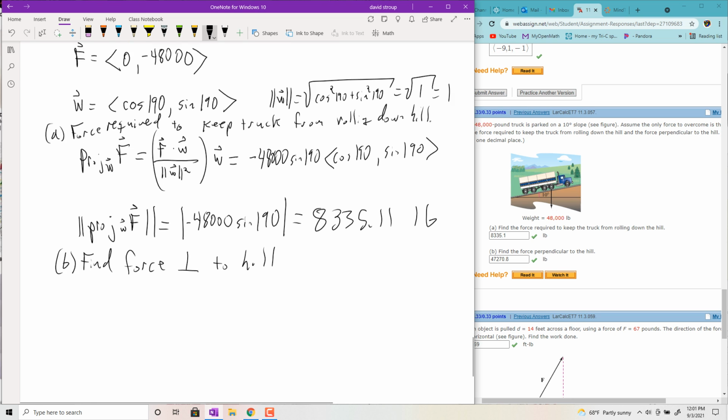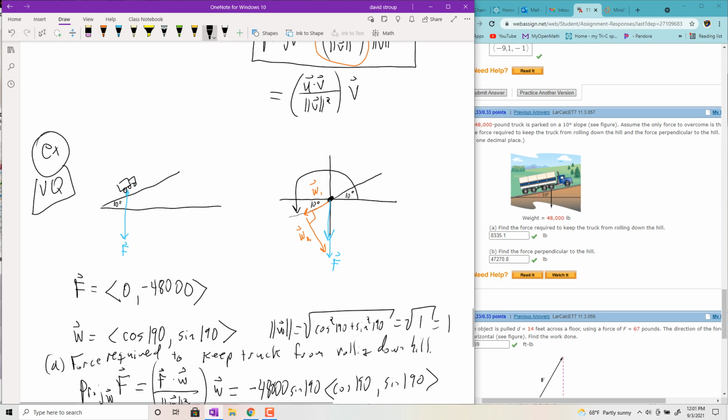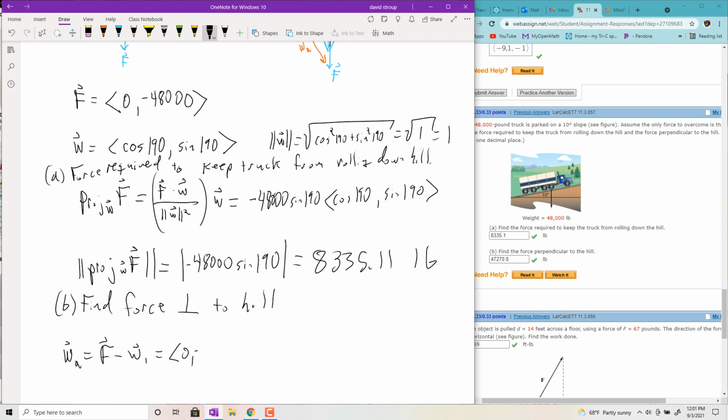Okay, so now we're going after that other component, W2, and W2 is going to be the difference of, how did that work? So W1 plus W2 equal the, let's go back and look at the picture. W1 plus W2 equals F. So W2 is going to be F minus W1, and then we're going to need the magnitude of that. So anyways, F we figured was 0, negative 48 grand, minus W1, which we just figured to be, it has that ugly coefficient on it.